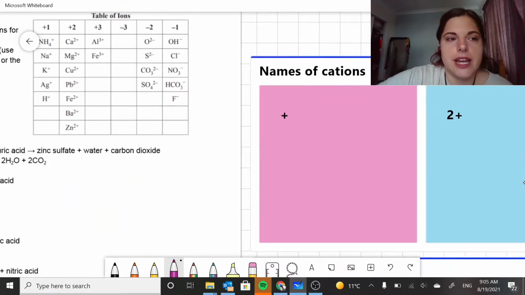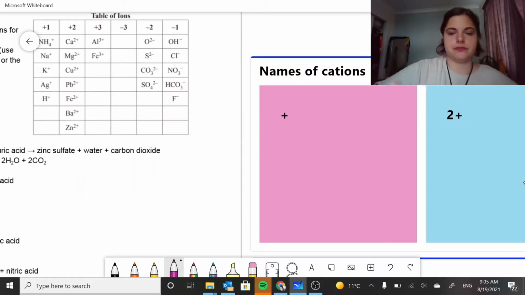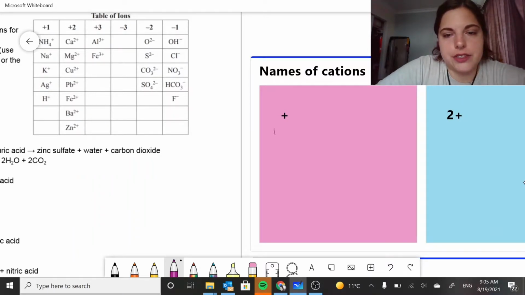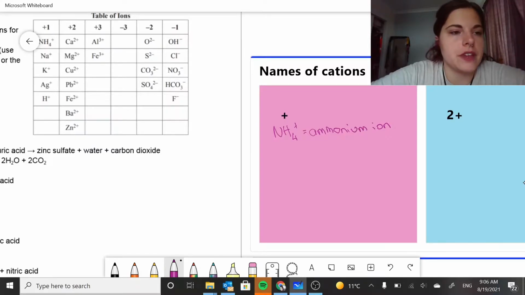So for the names of our cations, we have NH4+. Okay, this is the ammonium ion. Ammonium. Then we have our sodium ion.